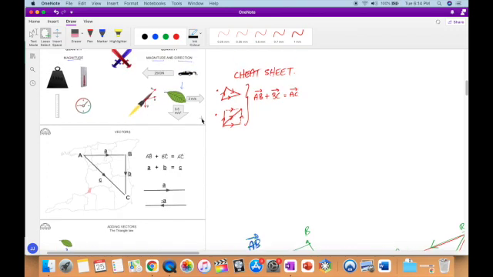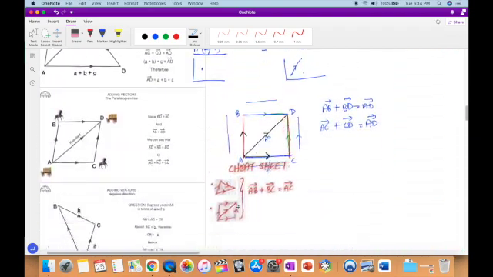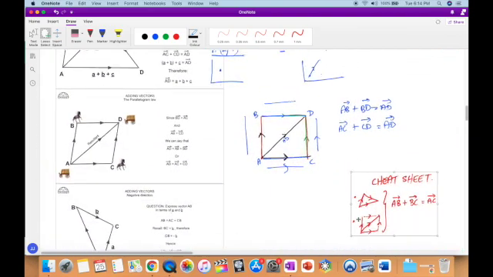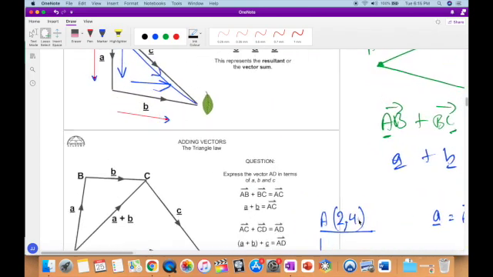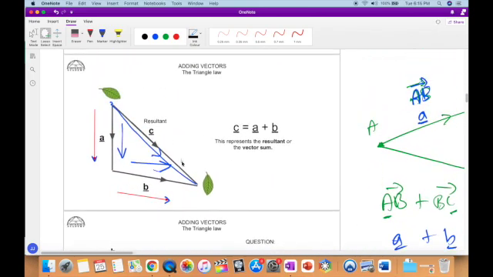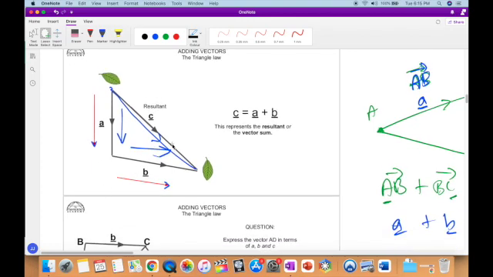So let's take this and drag it downwards, and I'll put it over here, and we could see here that we basically did some questions when it comes to finding the resultant using the triangle law.